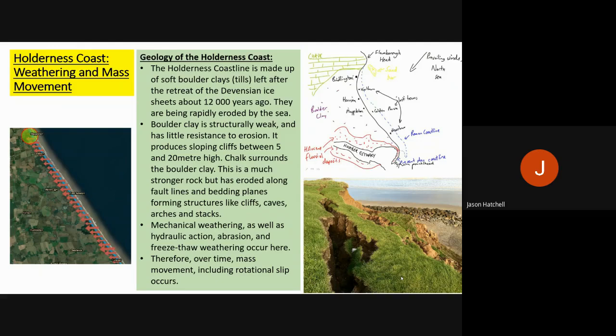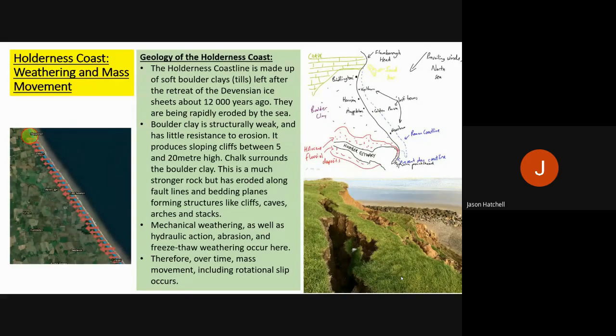Those boulder clays are weak, with little resistance to erosion, and they produce sloping cliffs around 20 meters high. The chalk that surrounds this boulder clay is generally stronger, but once that erodes away, the boulder clay is left exposed, and that's what's eroding very quickly.